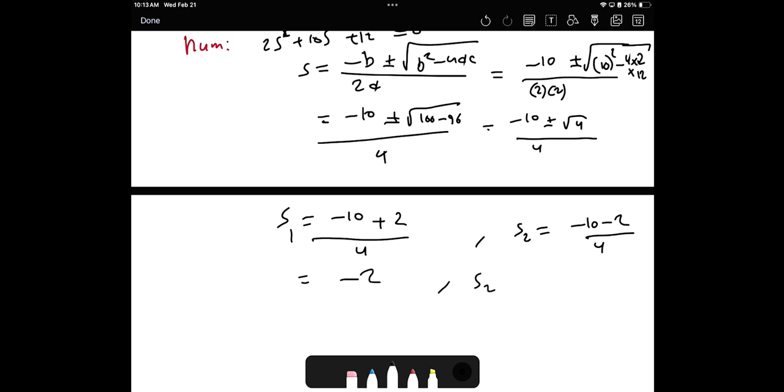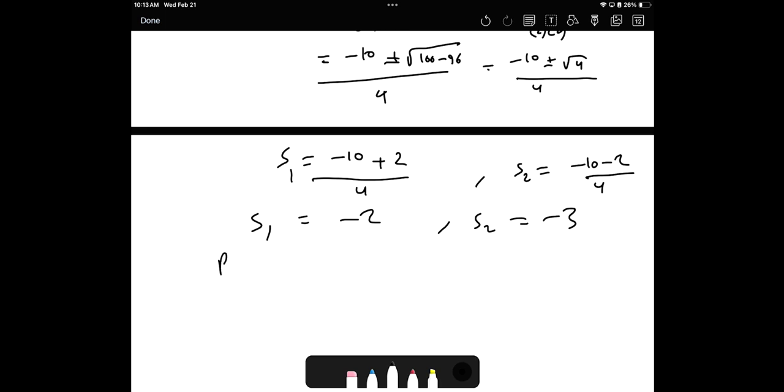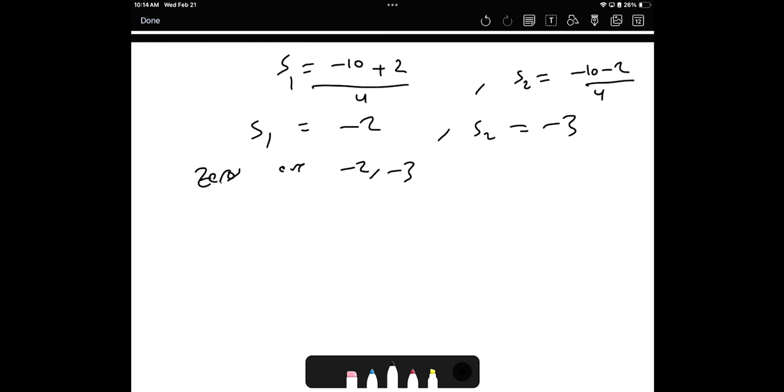And negative 10 minus 2 is negative 12, divided by 4 is negative 3. So therefore the poles are negative 2 and negative 3. I'm sorry, those are zeros. That's for the numerator.